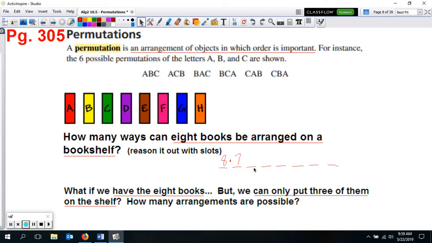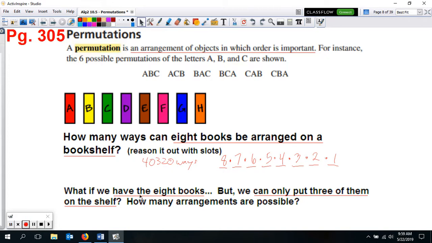Then for the third slot, there's only 6 books to pick from, and then it just keeps dropping down: 5, times 4, times 3, times 2, times 1. We would multiply all that together. You could do that on a calculator. I'm not going to show you that just to save some time, but that would give you 40,320 ways that you can arrange 8 books on a bookshelf.